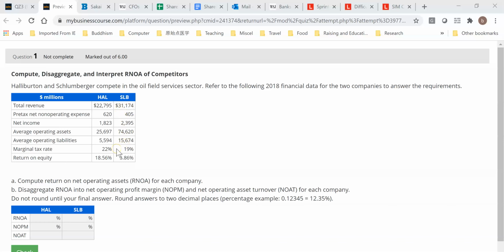So we have basically the denominator in order to calculate the return on net operating assets available. What's not available is the numerator. Numerator is NOPAT, right? Net operating profit after tax. So that's not directly available because the complete income statement is not available here.